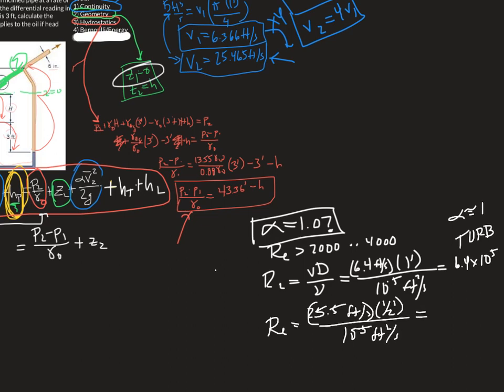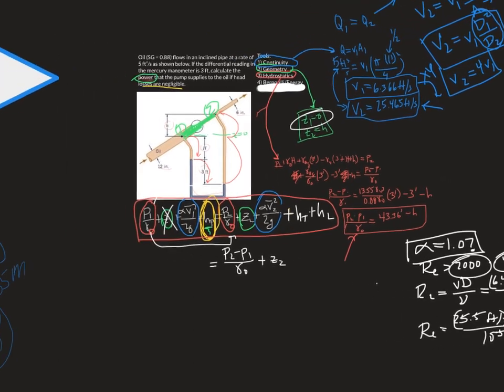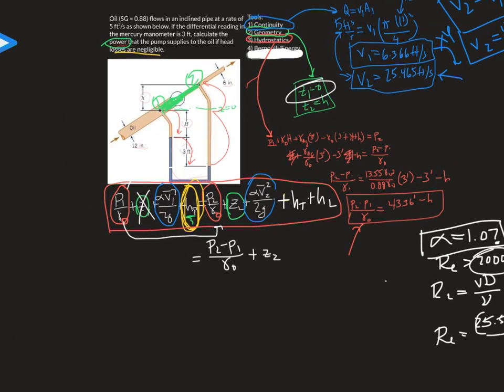I'm just doing this in my head. It's about 13 on the top divided by 10 to the negative 5, so 1.3 times 10 to the 6th, more or less. Basically turbulent, much bigger than this 10 to the 3rd. We're at 10 to the 6th, so this is turbulent. Notice it's unitless. I made sure all the units canceled out by putting feet and feet per second over feet squared per second.